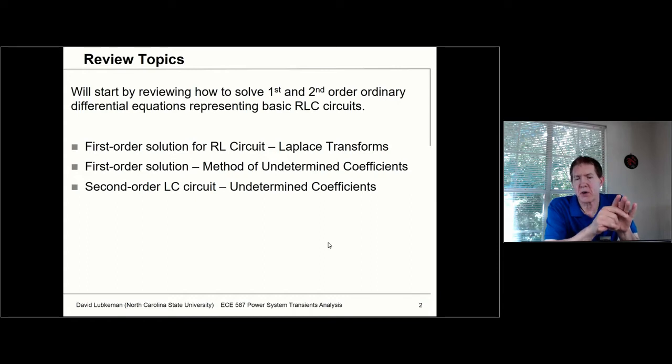I'll start with how we would solve these equations using Laplace transforms, and then I'll show you how the same type of problem could be solved using the method of undetermined coefficients. And then I'll use this same undetermined coefficient method to solve a second order LC circuit.